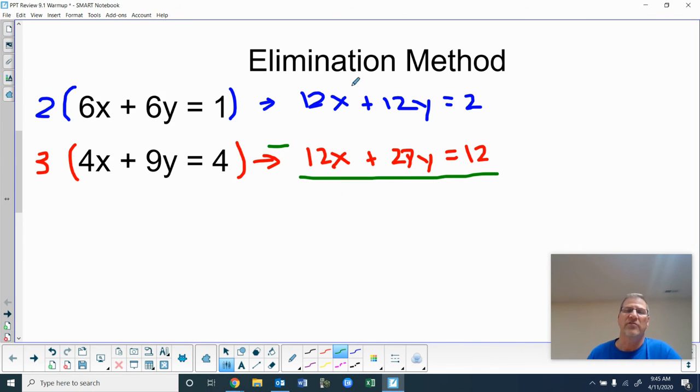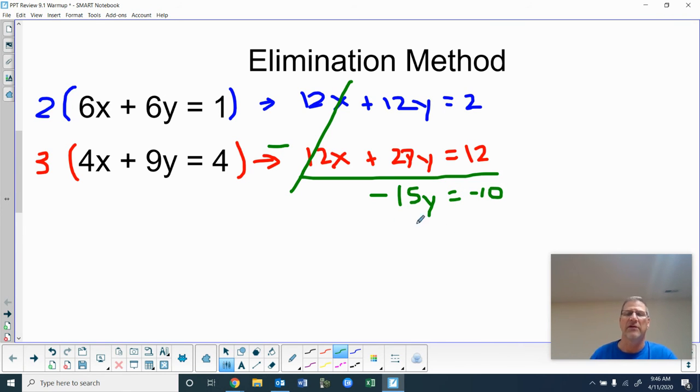All right, so 12x minus 12x cancel. And 12y minus 27y is a negative 15y. And then 2 minus 12 is a negative 10.